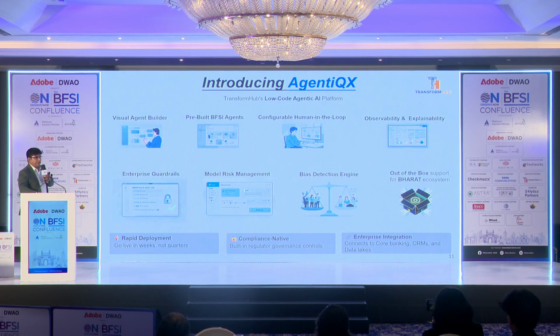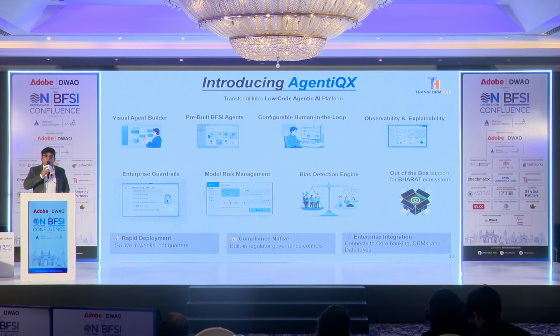Then the most important thing in this room, enterprise guardrails. While we all know models and AI are really good, if we don't have guardrails, whether it is the way you talk to the model or the way the model talks to the customer, there have to be guardrails. Agentics provides all those guardrails in one place. Like best-of-breed practices, we have implemented them in Agentics.